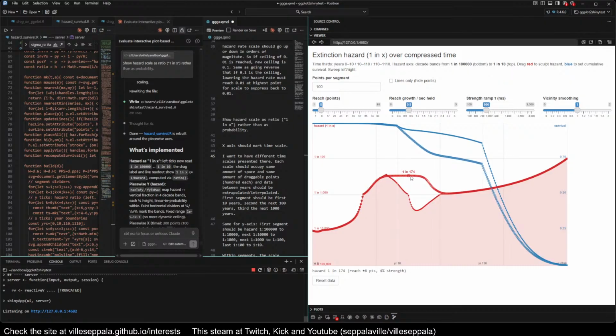It's also like when you go across this x-axis.